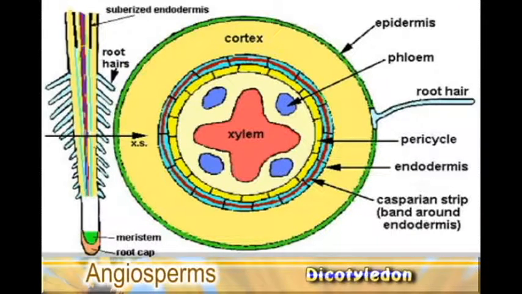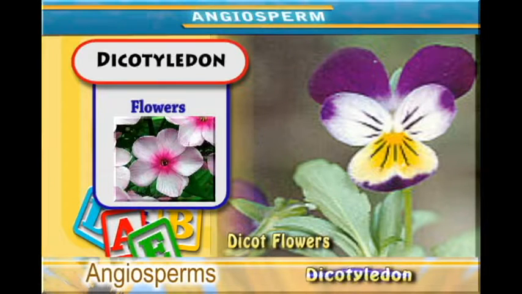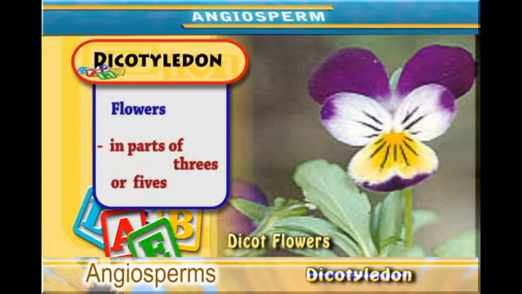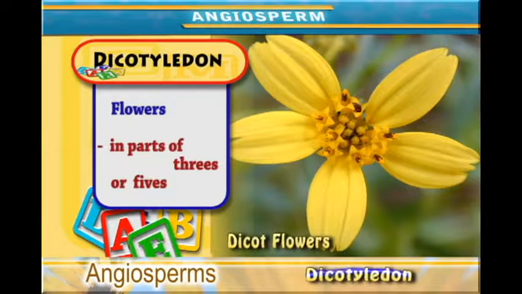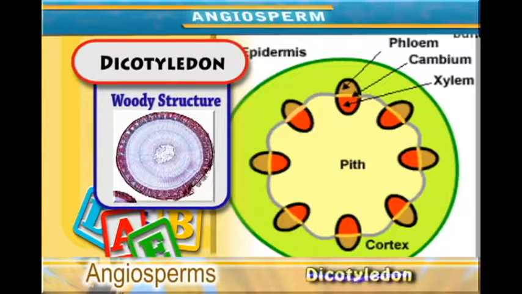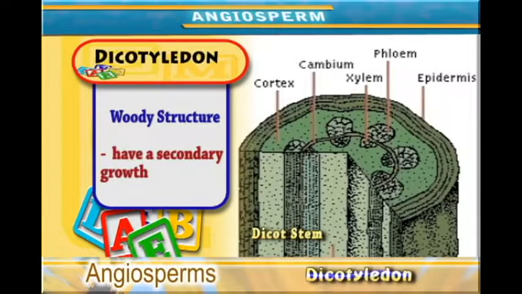Those are the dicots. They also have flowers which are in parts of usually 4 or 5s. The dicotyledons also have a woody structure, that is, they have secondary growth.